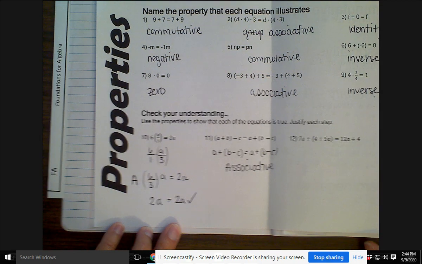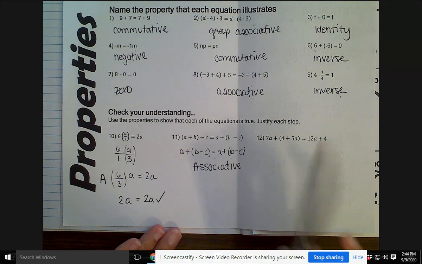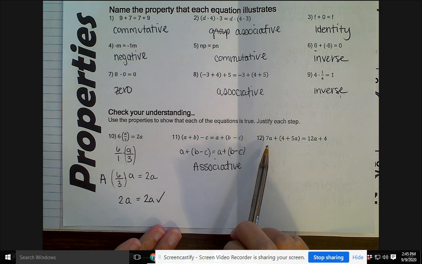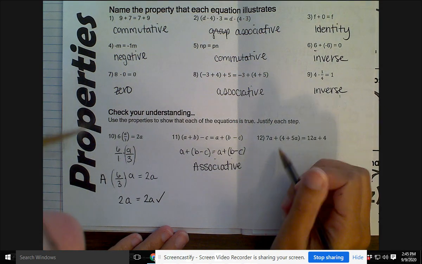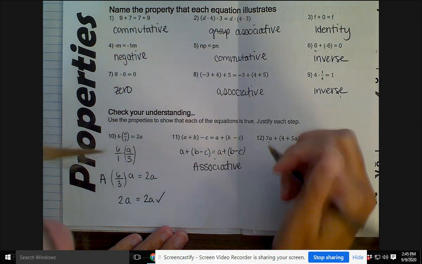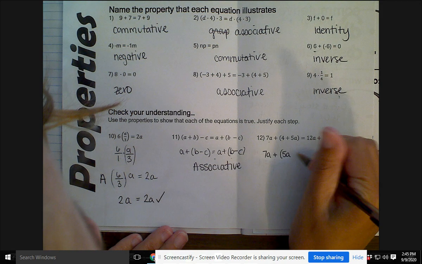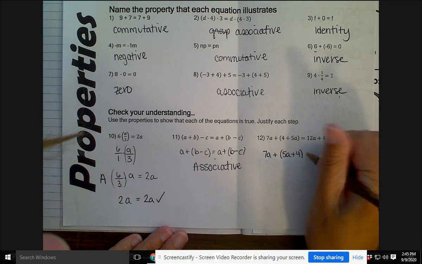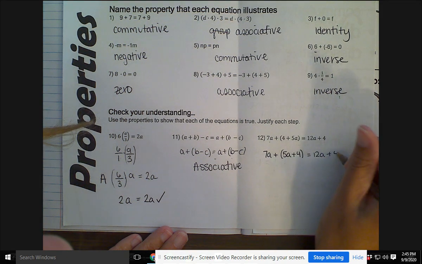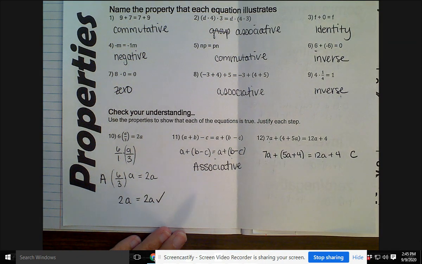And then last but not least, this is a little tricky. So I don't even see a 12A over here. However, hopefully we remember like terms that we were talking about the other day, and I can get these two A's together. So if I first change the order of things and put this 5A closer to that 7A, I've used the commutative property because I swapped the order of those two numbers.